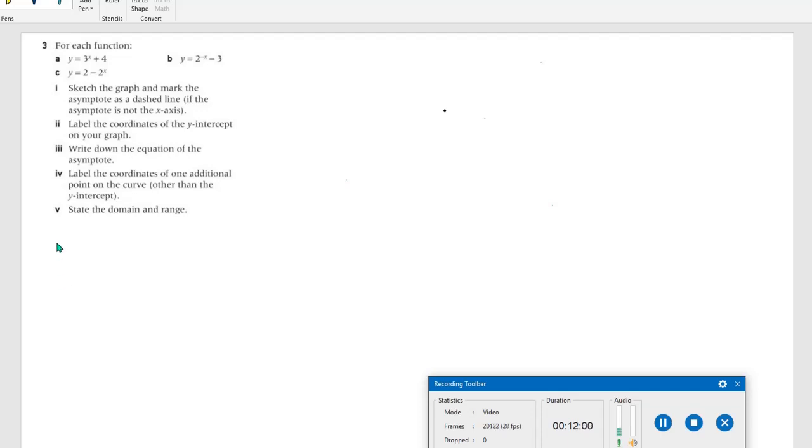Coming to part B, the next part, where b is y equals 2 to the power minus x minus 3. It shows that the function would be something downward sloping. Fine. Let's just check the y-intercept.